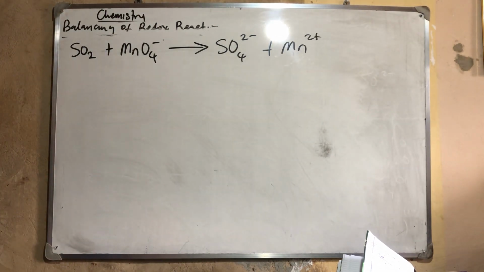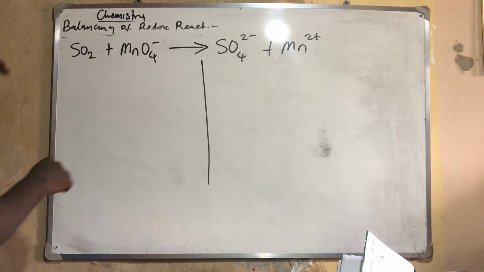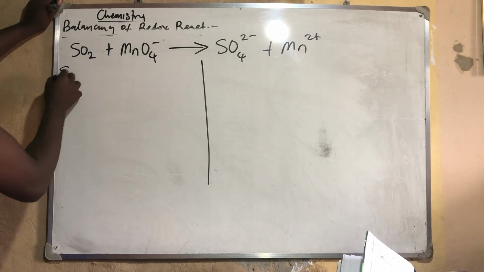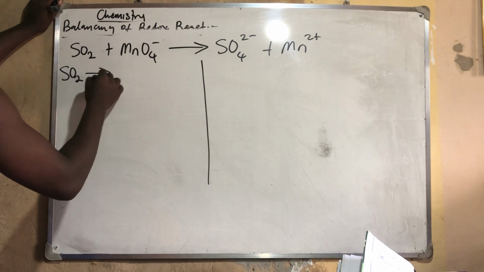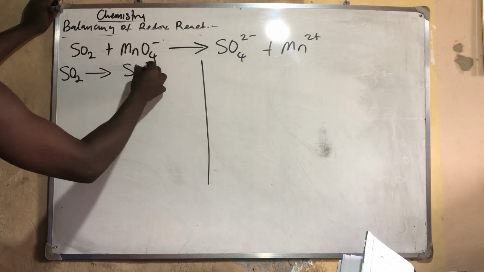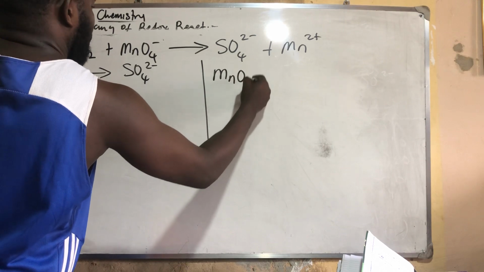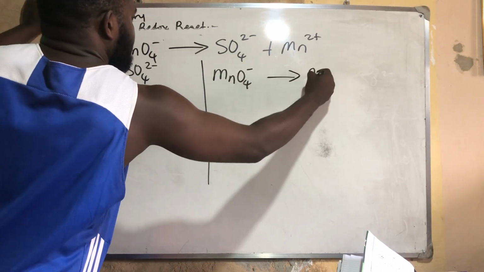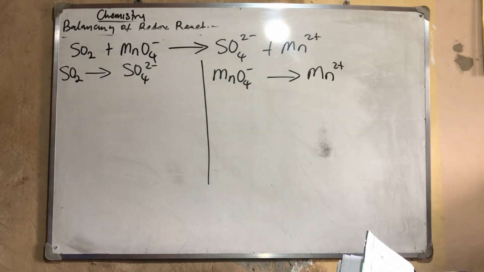Sorry. So we have to separate them into two half cells, normally the way we do. So SO2 is giving us SO4 2 minus, and MnO4 minus is giving us Mn2 plus. So let us now balance.